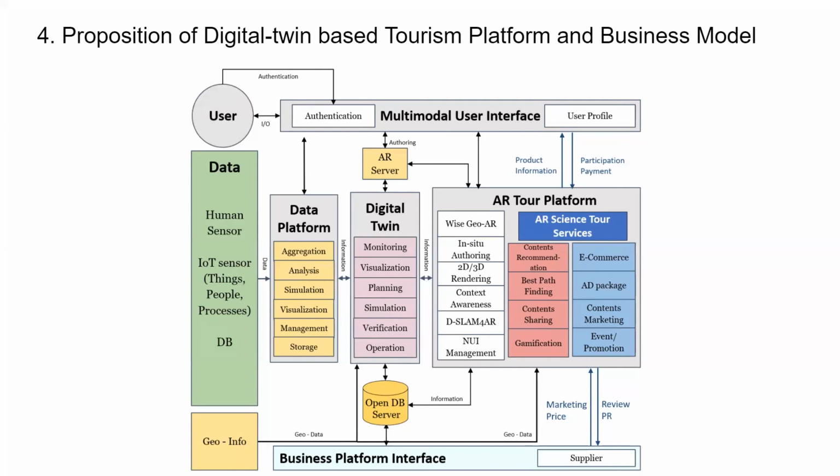Both large and SME, small and medium-sized enterprises which provide tourism products or services can secure channels to promote and sell their products through the digital twin-based tourism business platform, while they are holding sales promotion to sell tourism products.